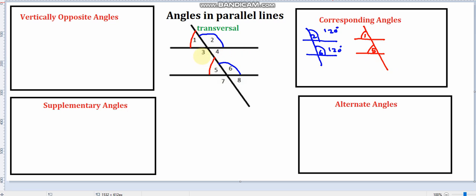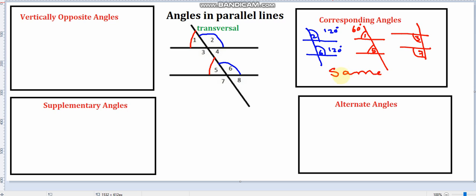If I see angle 3, it is corresponding to, let me draw it again, this is 3, so this is corresponding to 7. So all these angles which are corresponding to each other are the same in value. If I know angle 1 is 60 degrees, I can say angle 5 is also 60 degrees. I don't have to measure it.